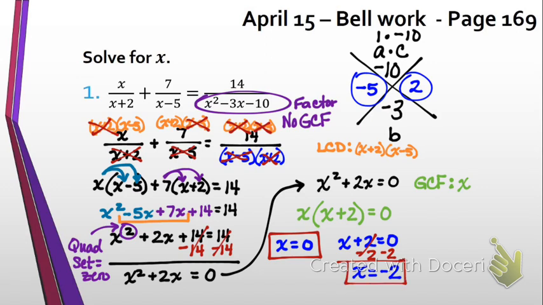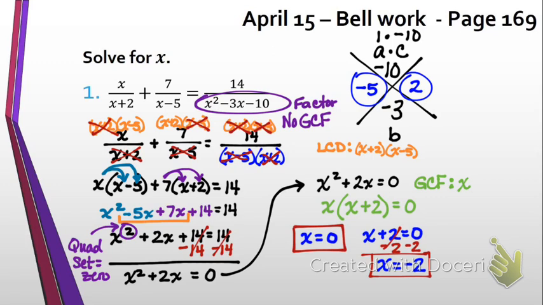Am I done? Funny enough, you gotta find out valid and extraneous. Funny enough, 0 is the valid one and -2 is the extraneous one. How's that possible? I thought we said 0 couldn't work. 0 plus 2 is 2. 0 minus 5 is -5. Nice job. Remember, it's the denominators that can't be 0, not X. So we're going to check that the denominator does not equal 0.